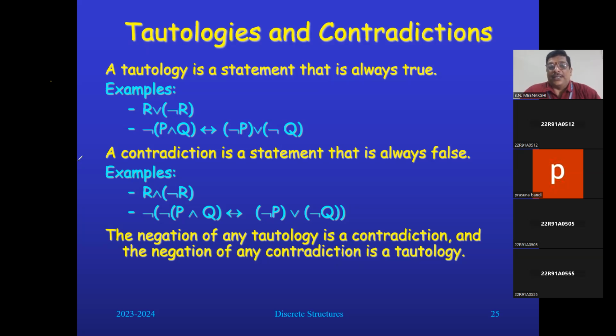Then what is a contradiction? A contradiction means the resultant statement is always false.